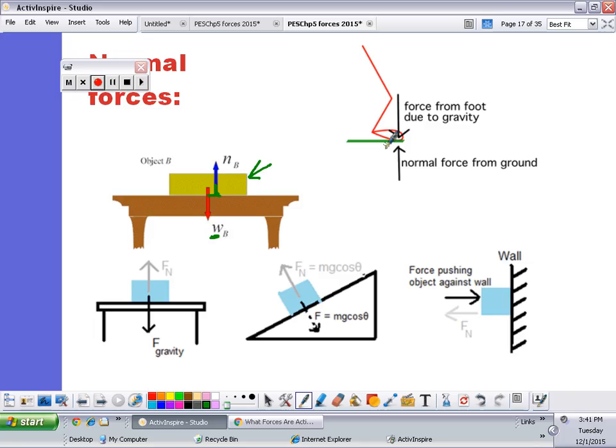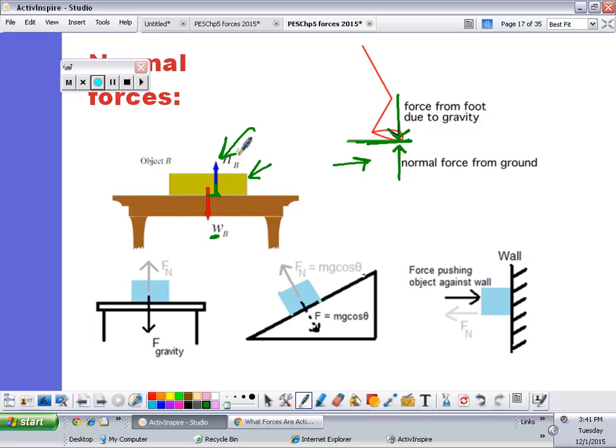You have the ground, and then you have your normal force, which is perpendicular, and then the force of the foot due to the gravity. Now, notice that the normal force is written on the bottom in this diagram, but shown on the top in this diagram. That's okay. It doesn't matter where it's at as long as it's opposite of its reaction force.